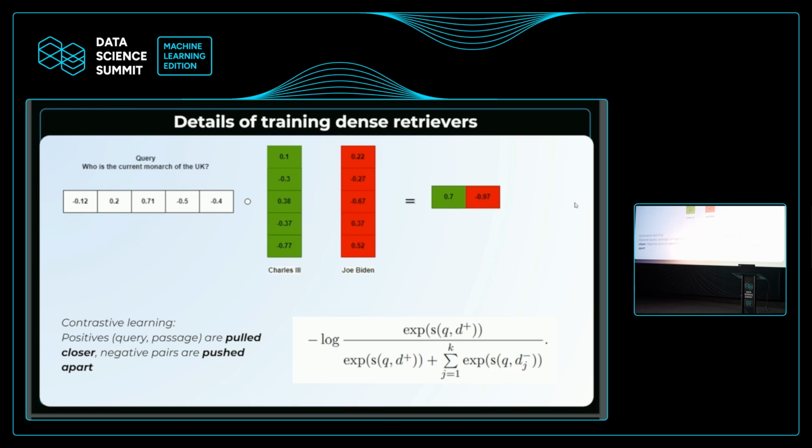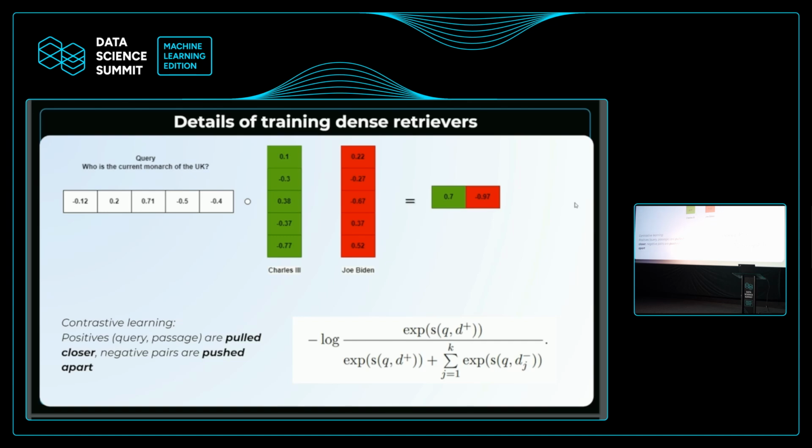And in order to do that, we use contrastive learning with a special loss that basically pushes the vector representations of a question and a document that is relevant to the question closer, giving us a high cosine similarity score, and those that are negative, that are irrelevant to our question, it pushes apart.